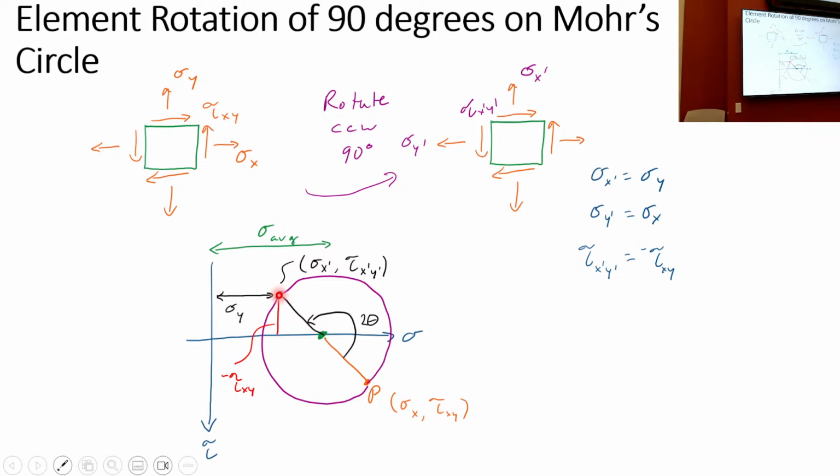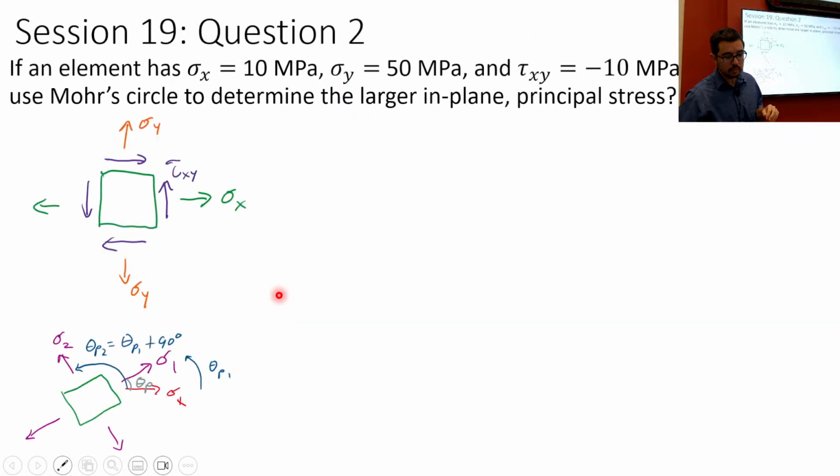Okay? All right, so start with this one. How are we going to go about calculating the in-plane principal stress, the larger one?